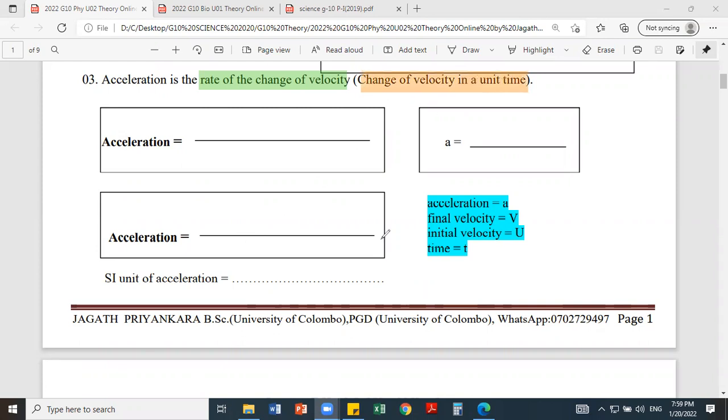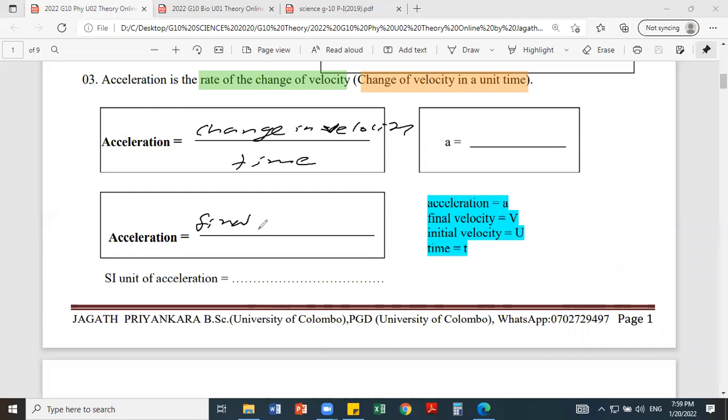That means acceleration, please write here: change in velocity divided by time taken. Change in velocity, look at the screen, change in velocity divided by time taken. So what is change in velocity?